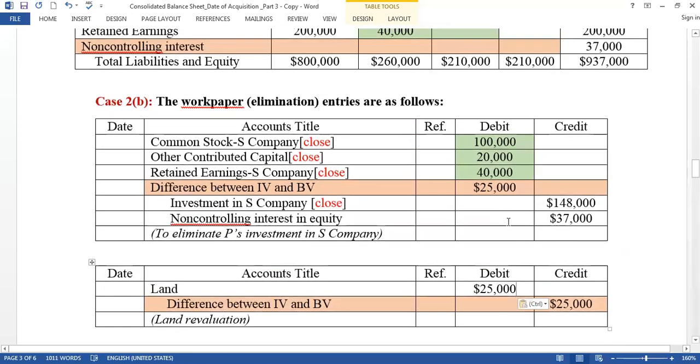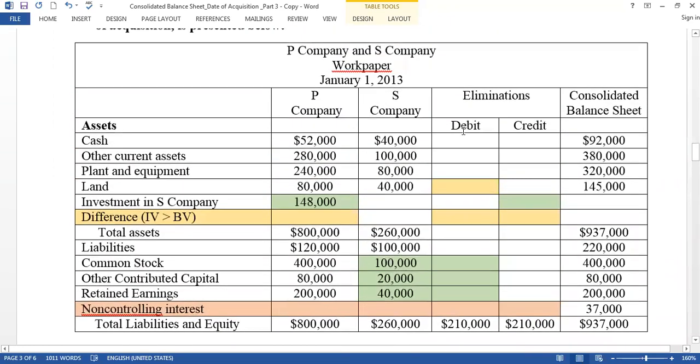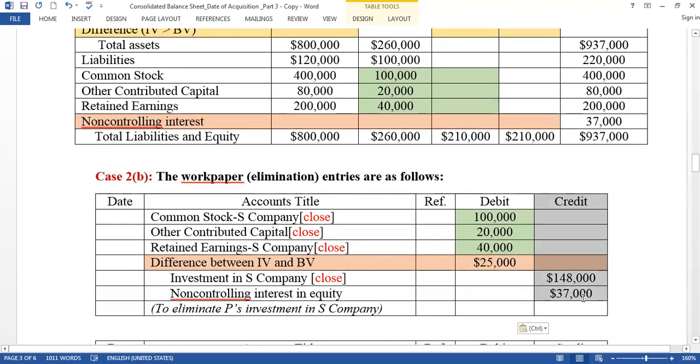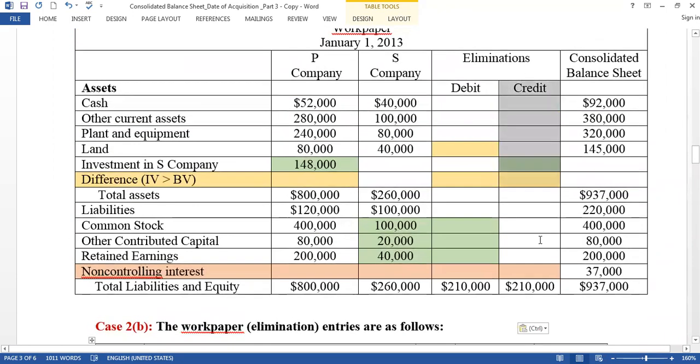So according to the journal, how many debits do we have? 1, 2, 3, 4, 5 debits, and 1, 2, 3 credits. This debit means this debit column, and this credit means this credit column.